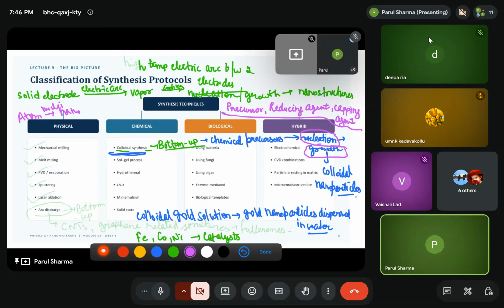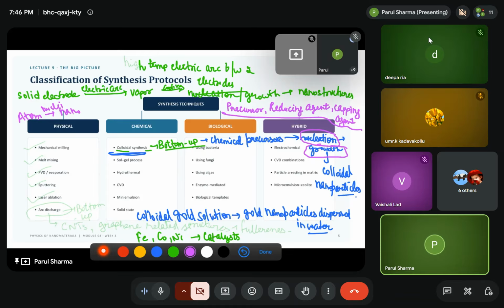So what is the difference between nucleation and growth? Nucleation determines the number of particles, while growth determines how large those particles become. So this is the way of the synthesis of nanoparticles using the colloidal solution.